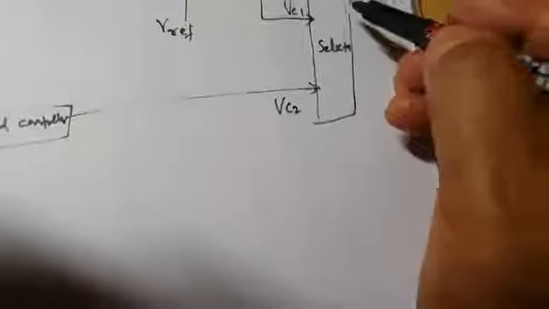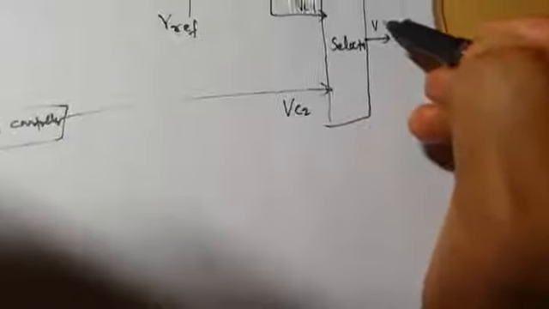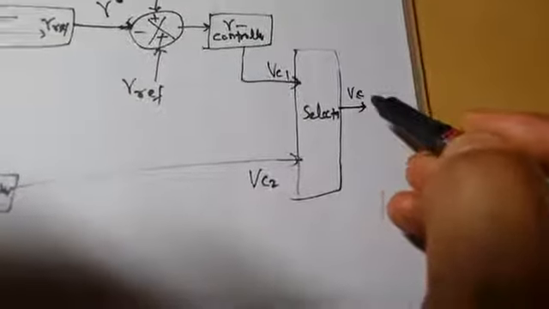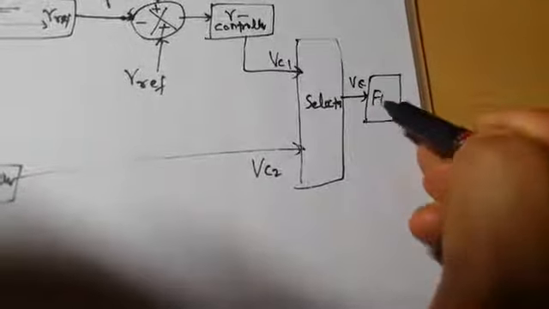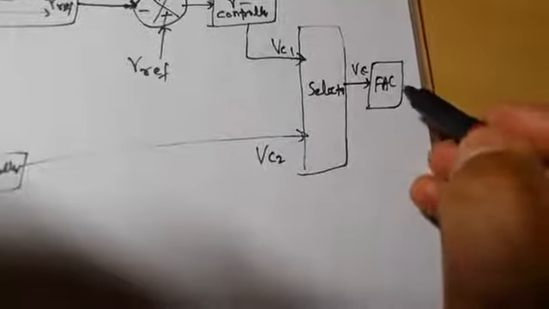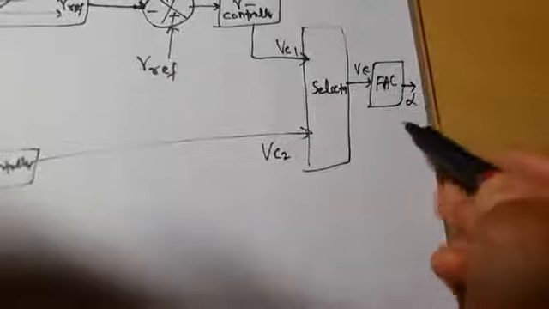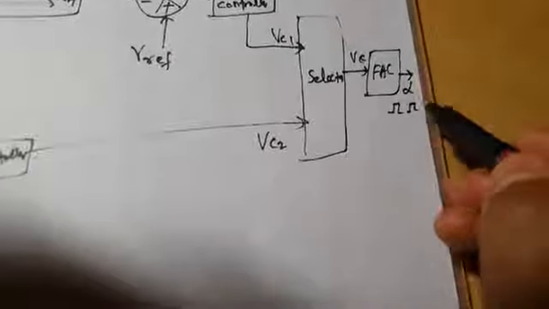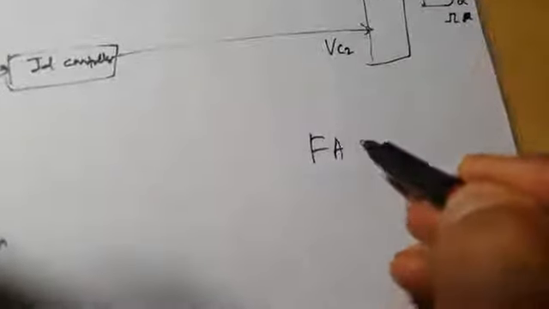Just like you have gamma controller, you have ID controller, and this is VC2. Okay, so now VC1 and VC2 give VC, total control voltage, and then this is your firing angle control block. It generates the delay pulses with delay angle. It decides what should be the delay angle. This FAC is firing angle or delay angle control block.